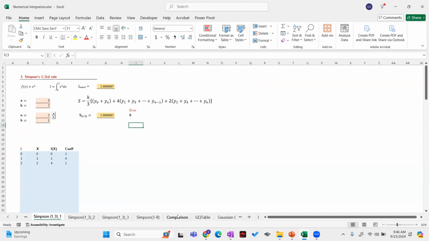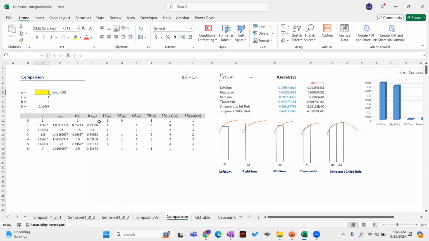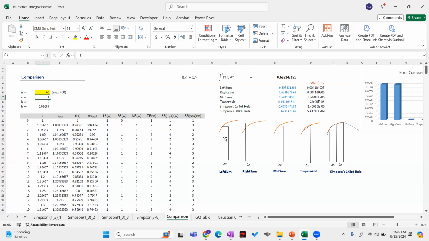Okay, so what I was saying is, if I go here, with 60 steps, if you look at the convergence, 69347, the true value, where is the true value? Oh, here. Okay. 1418. Let's not take 60.